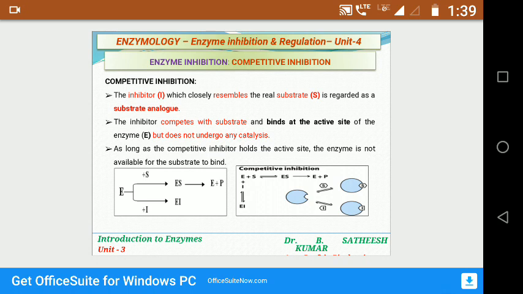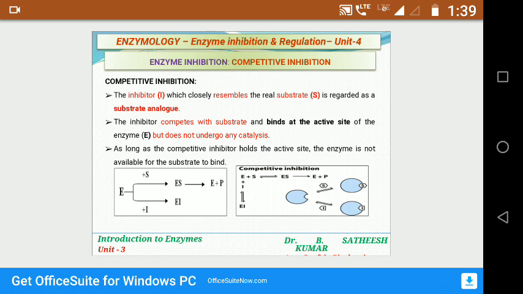In competitive inhibition, the name itself explains that the inhibitor will compete with the substrate molecule for the active site. That means the inhibitor resembles the structure of its substrate. So both substrate and inhibitor will have similar structures.